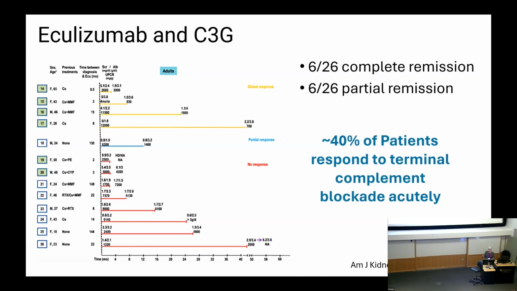So there are still some problems with the eculizumab response data. But again, to be completely fair, it does work in some patients. We absolutely have had complete remission in some patients. The problem is we don't know how to tell who that is. We don't know how to tell who would be better suited with that medication versus something else. So that's really the problem.